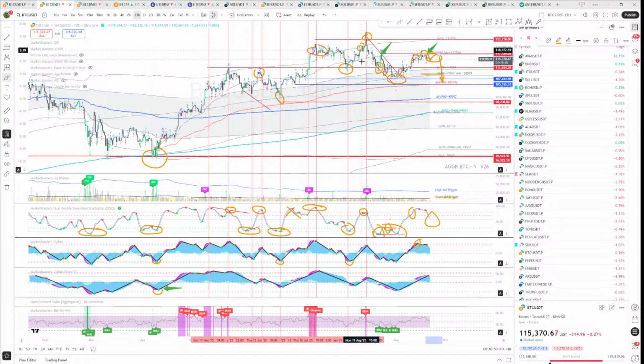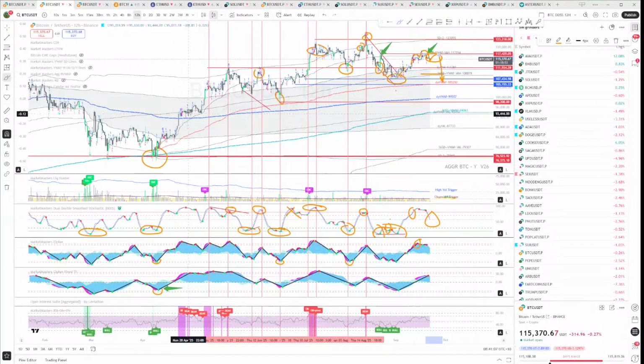This is the value area high. We're kind of just doing a backside retest of it here, so a little concerned if we do another test of that, and we might drop down here, or even go lower.